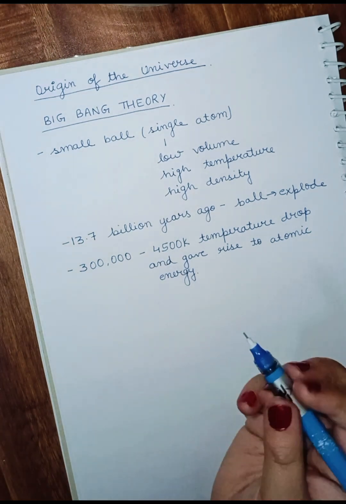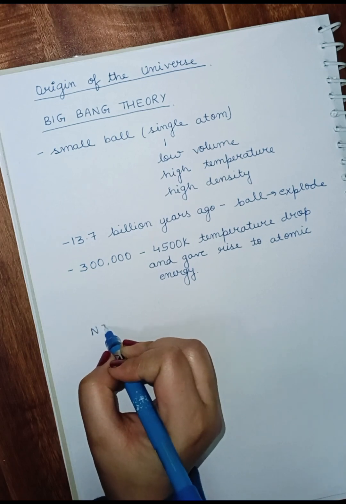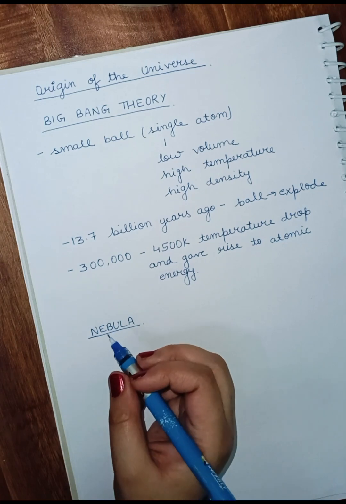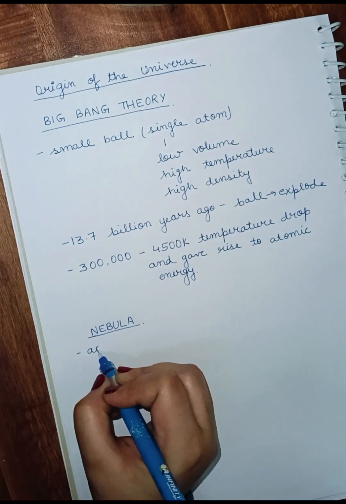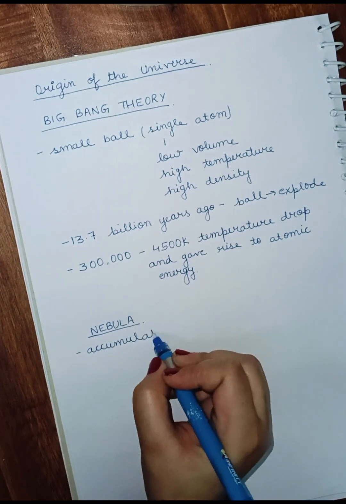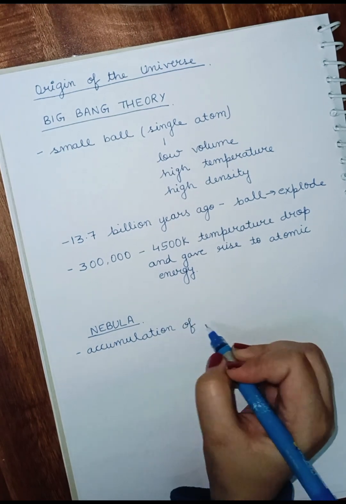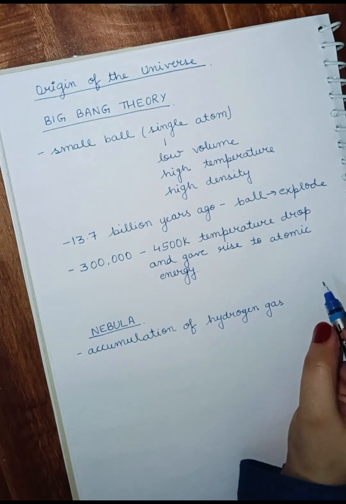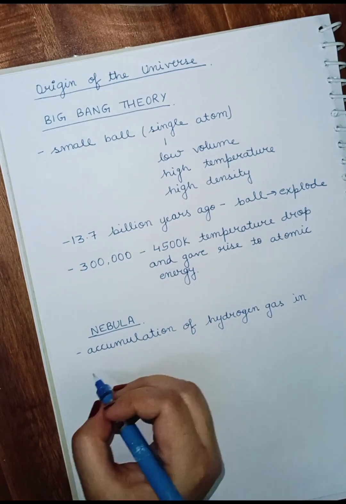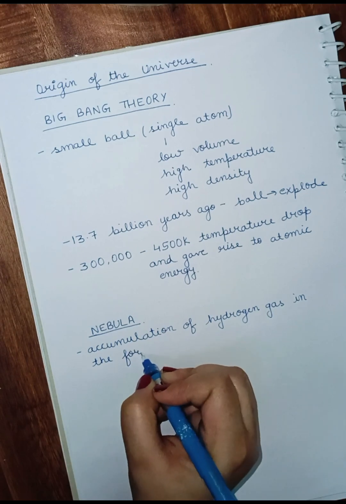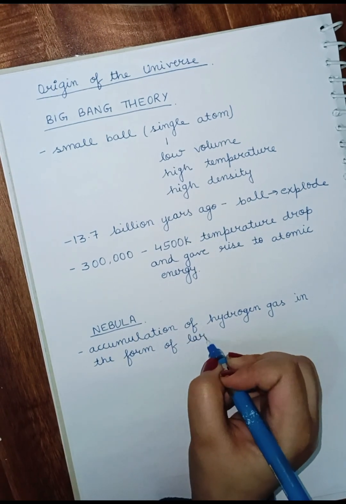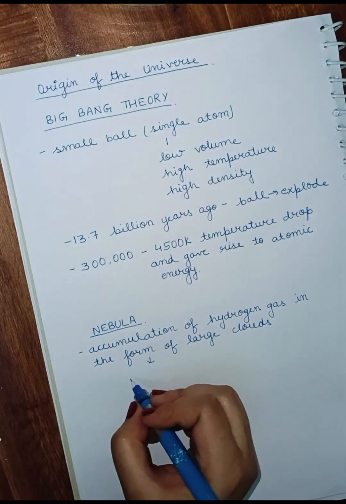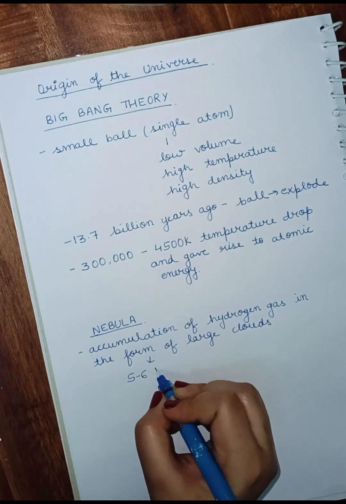Now, what is a nebula? The accumulation of hydrogen gas in the form of large clouds is called a nebula, and this occurred 5 to 6 billion years ago.